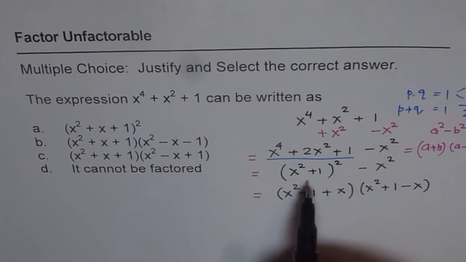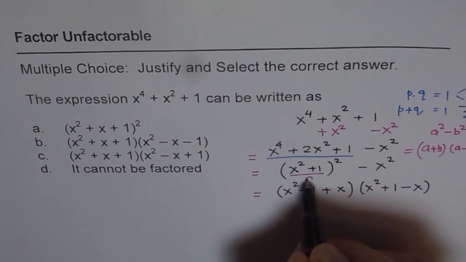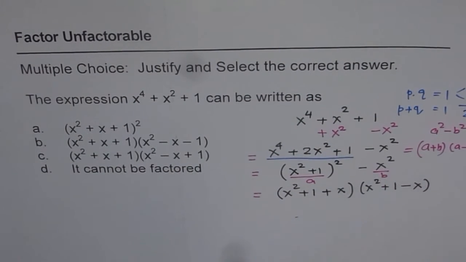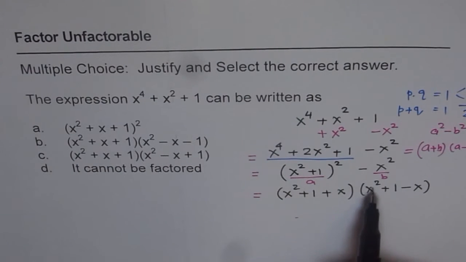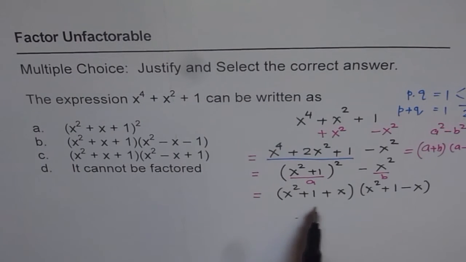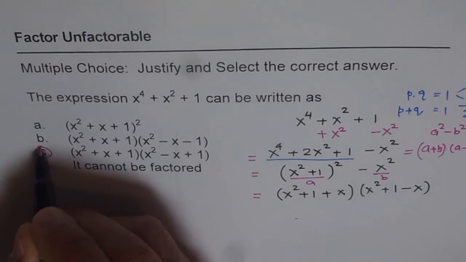So this is your a, and that is b for you. And so you get x squared plus 1 plus x times x squared plus 1 minus x. Do you see that part? So that gives us a factored form, and from the answers we know option C is correct.